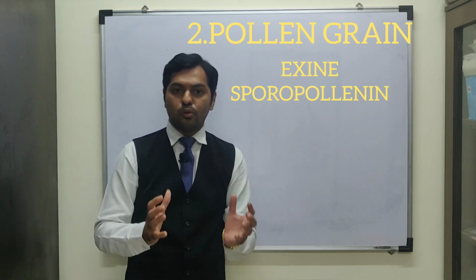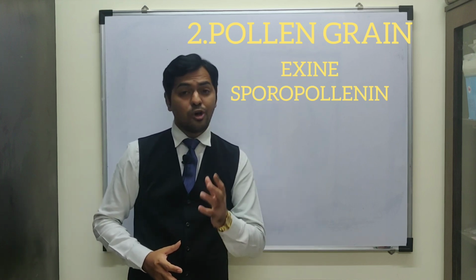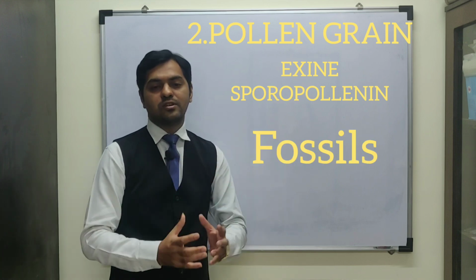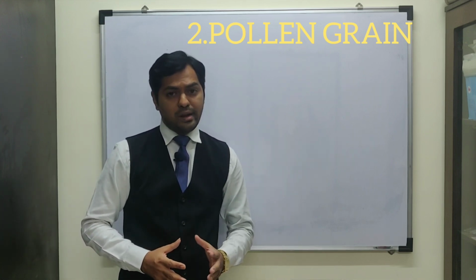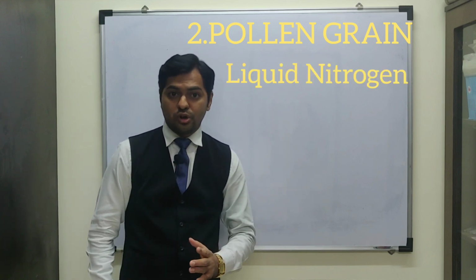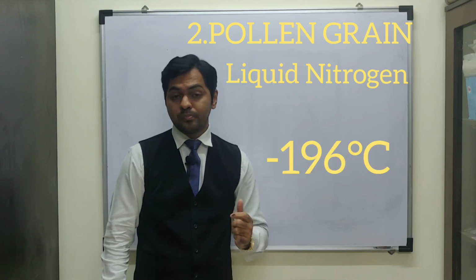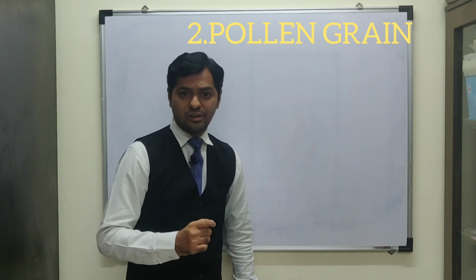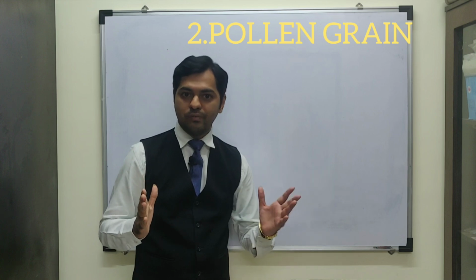That means the pollen exine is non-biodegradable, and hence pollen grains can be preserved, they can be fossilized, and study of pollen grains is possible. Also, pollen grains are stored under liquid nitrogen at a temperature of minus 196 degrees Celsius.